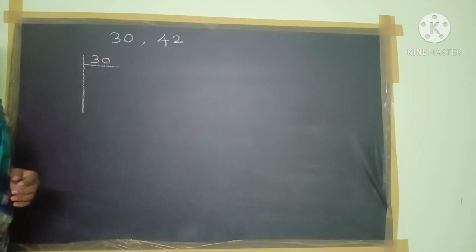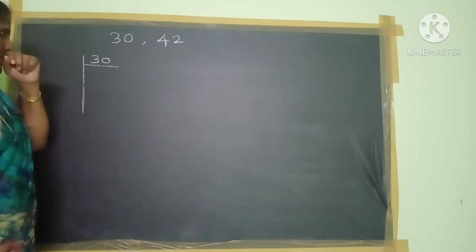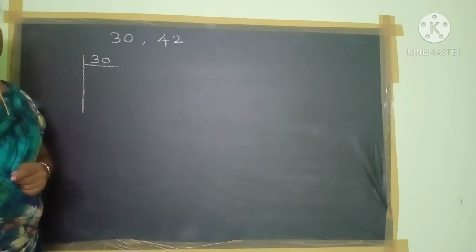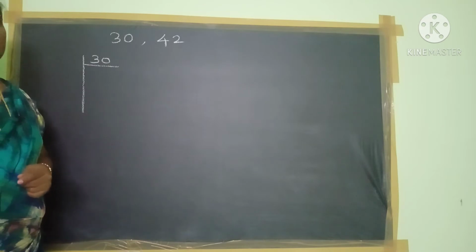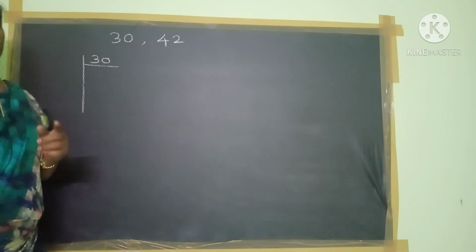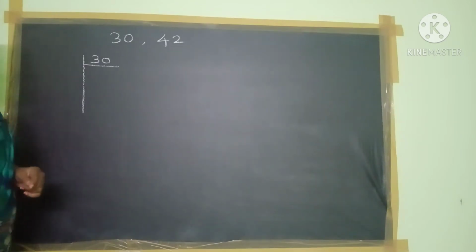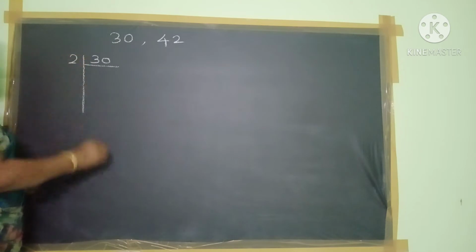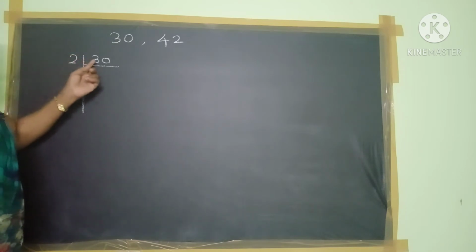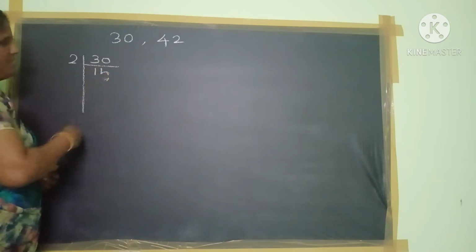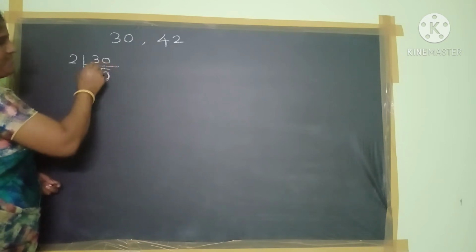So how can we do it? Here 30 is an even number, so you start with the 2 table. In prime factorization, you have to use only prime numbers. So I started with 2. In the 2 table, how many times does 30 come? Yes, 15 times. 15 2s are 30.